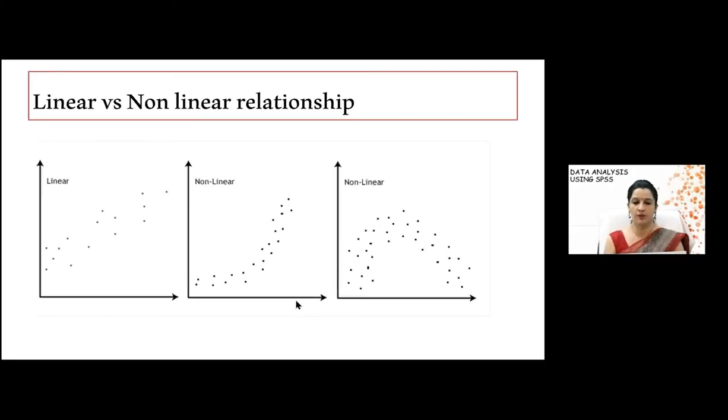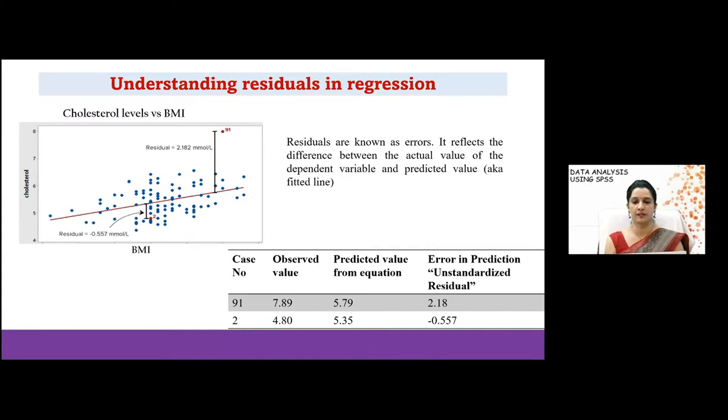Now, if you go to the next slide, here you will see the concept of residual. Can you see this is the graph plot of BMI and cholesterol. Cholesterol is the dependent variable.